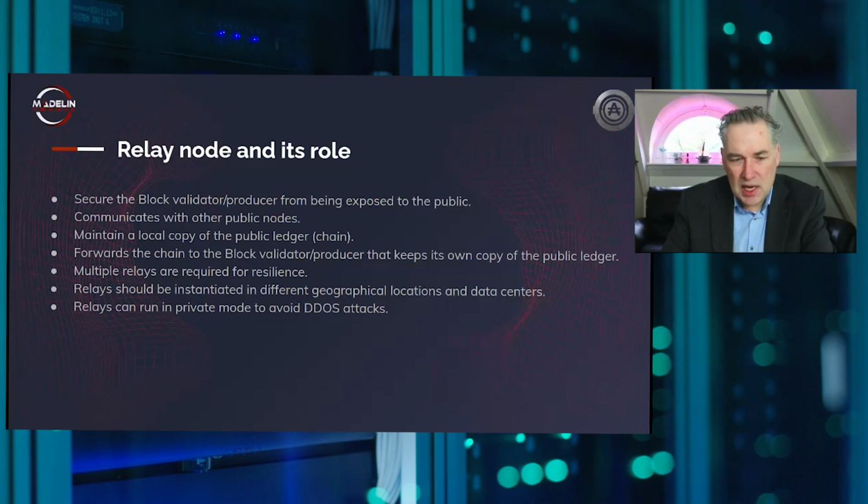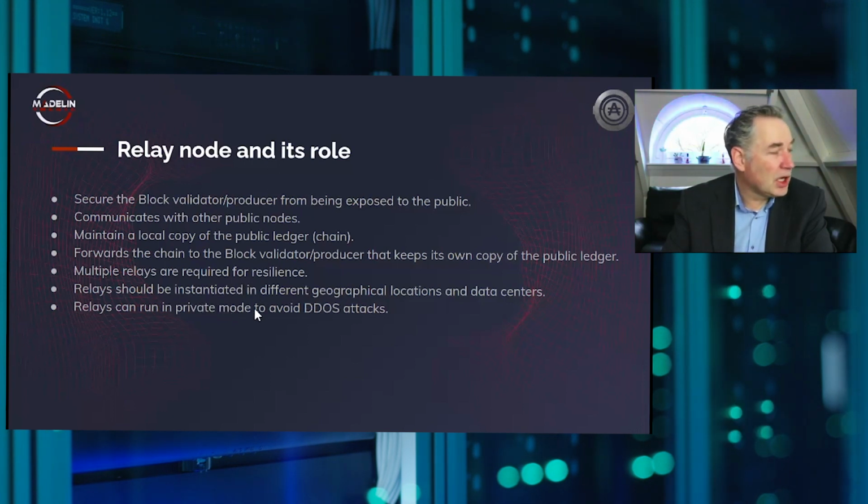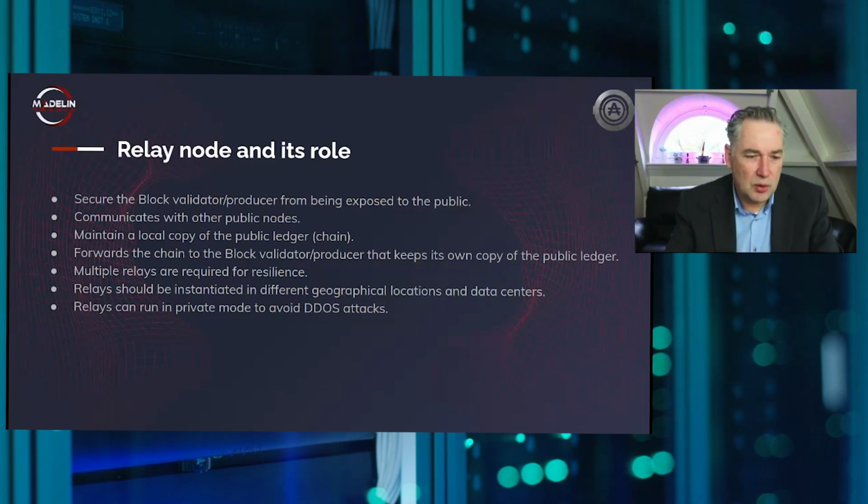It maintains a local copy. It also forwards this chain to the block producer or validator, who keeps his own copy, and multiple relays are required to have some resilience. In case I would have only one relay and that relay would go down, that means my block producer is not able to produce blocks because the chain or the blocks are not being forwarded to it.